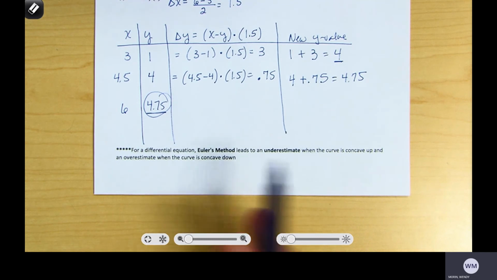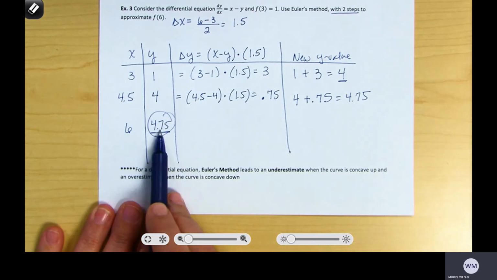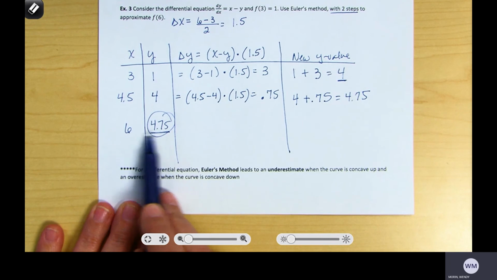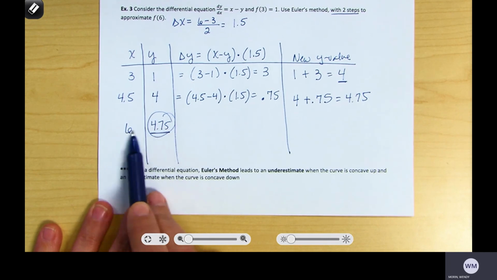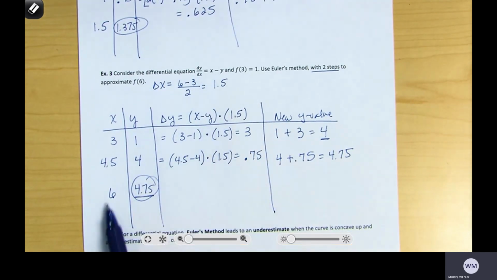They may also ask you to estimate a value using the tangent line to the curve. And again, you should know how to find the equation of a tangent line using the point. So let's say they wanted the tangent line at this point. Well, if you're using this point, this is the slope at this point.